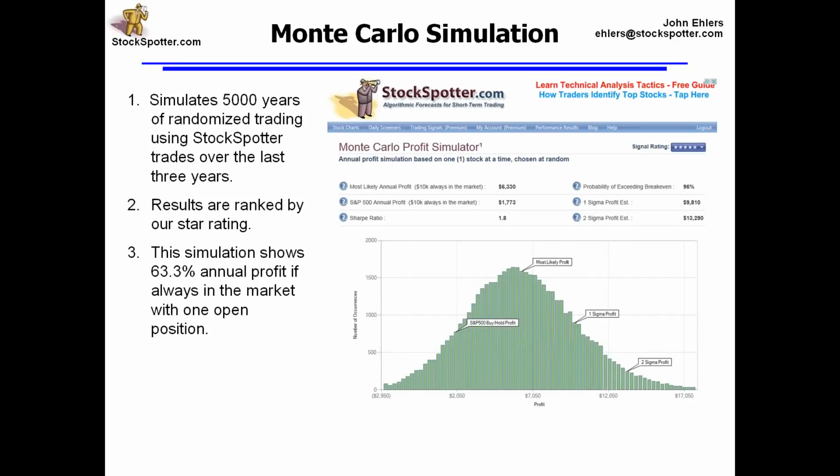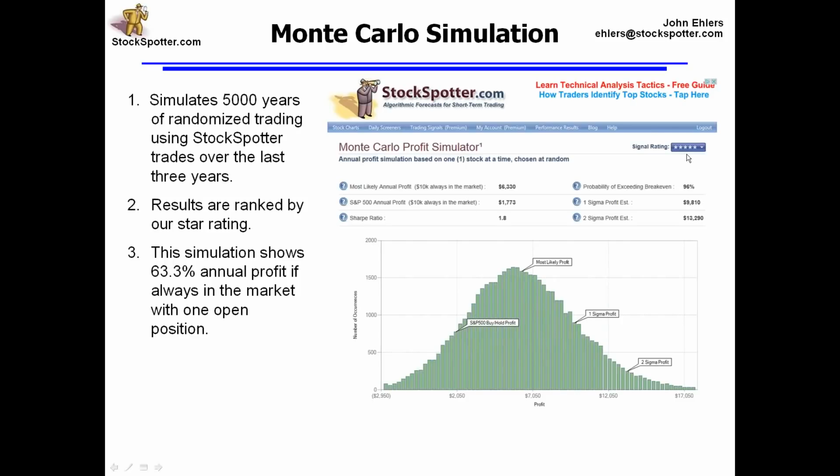So we have the real experience with current market conditions since electronic trading began, et cetera. We're not using ancient data based on ancient rules, but yet we've randomized it in a way that gives us the bell curve. So what that has done with the trading rules I showed you, we have gotten an annualized return of 63.3% on our 5-star rating stocks.